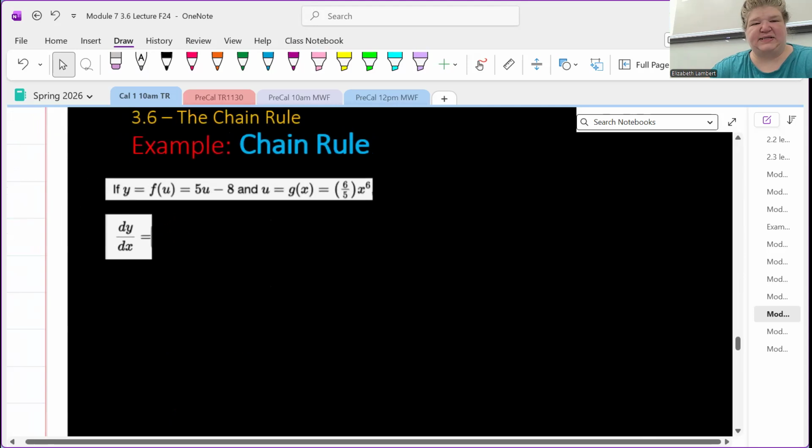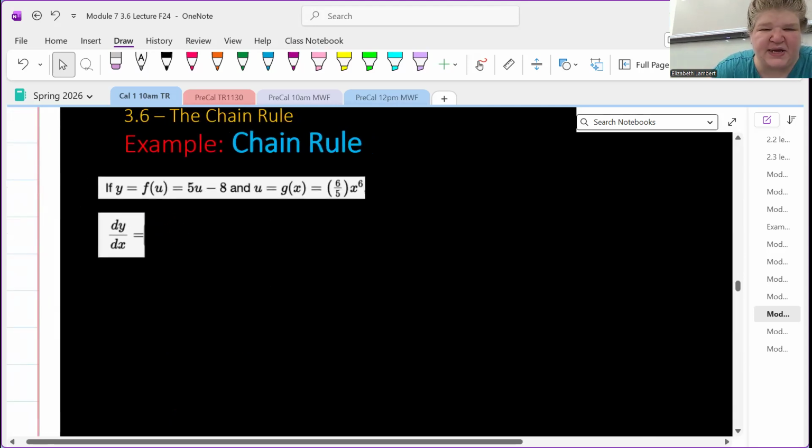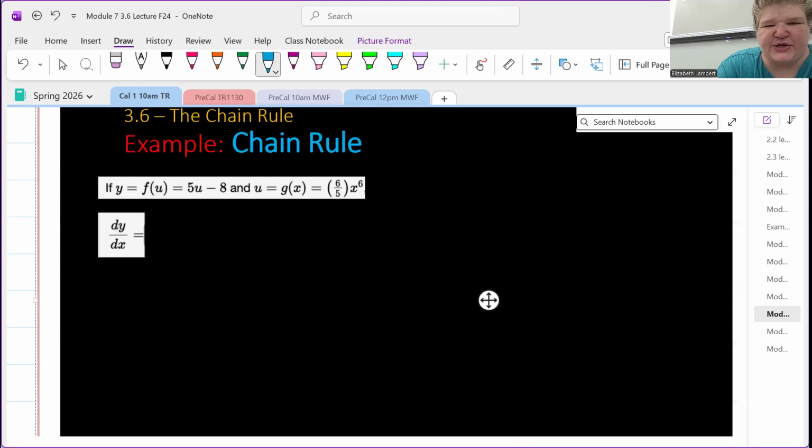All right, so this example is being explicitly written with y in terms of u, and then u, the g of x function, being defined to the side. So this one, we can split it up. It's already set up for our dy du and du dx format.